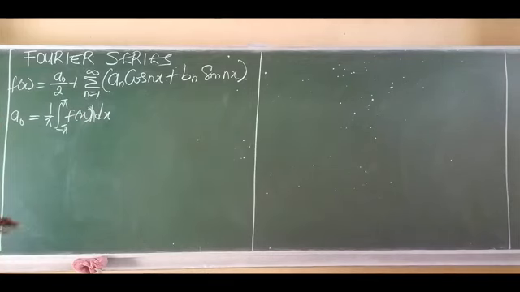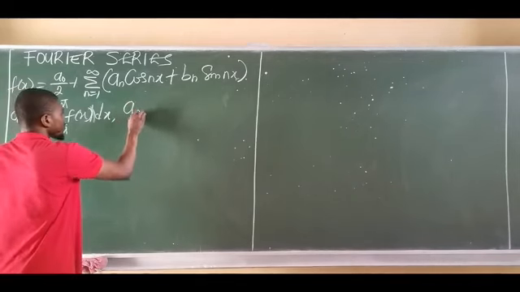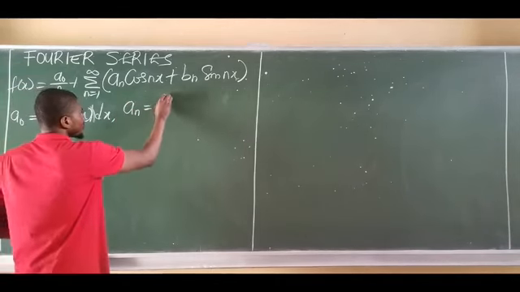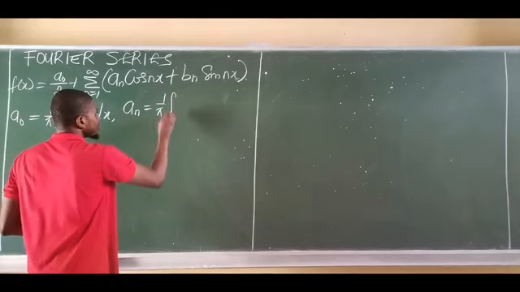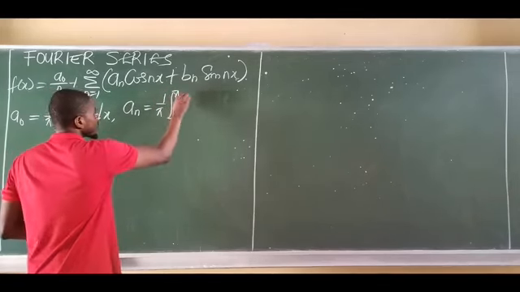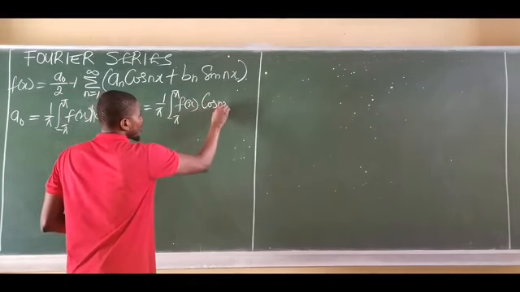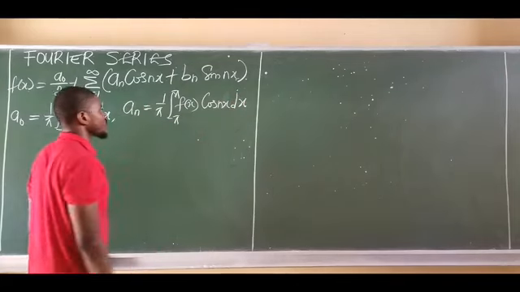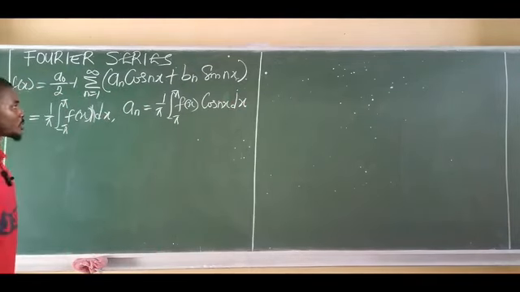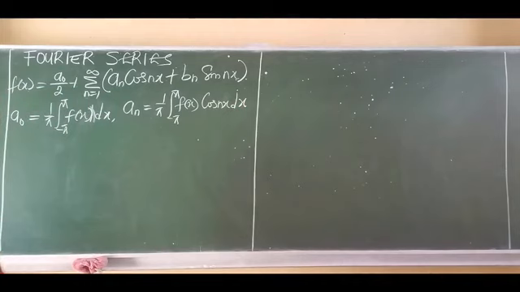Given any function, you simply use this relationship to calculate the Fourier constant a₀, whereas aₙ can be solved using the relationship 1/π integral from -π to π of f(x) cos nx dx. We simply make use of this relationship to find the Fourier constant aₙ.